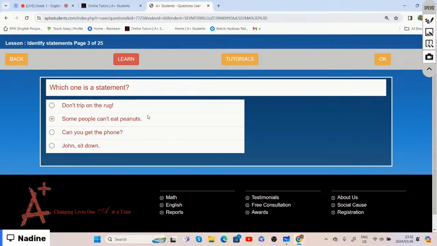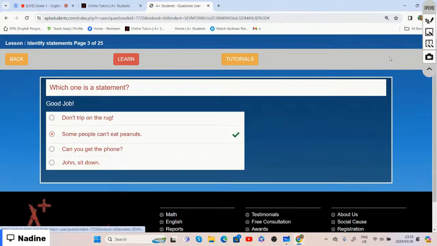So well done. Option 2 is correct. It's a statement. You're just randomly saying something. It's randomly just saying some people can't eat peanuts. So if somebody were to tell me some people can't eat peanuts, I'll look at them and be like, okay. Or you think to yourself, so what must I do? So it's some people can't eat peanuts. So that is our statement.